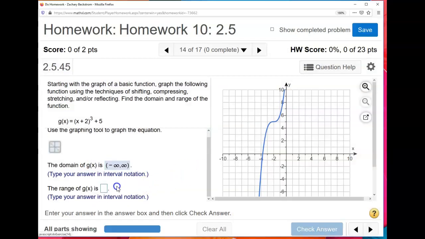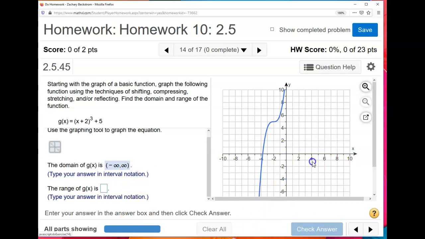And then the range, that's the possible y values. We have to look at the graph in order to evaluate that. With the domain, we can look at the function to see if there are any restrictions on the x's we can put in. But with the range, we look at the graph, and we notice that it goes all the way down. Here are our y values.